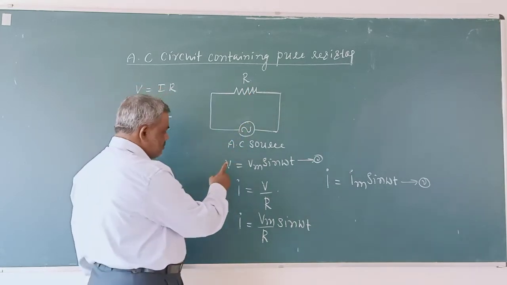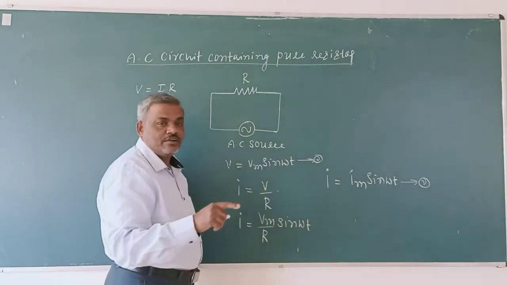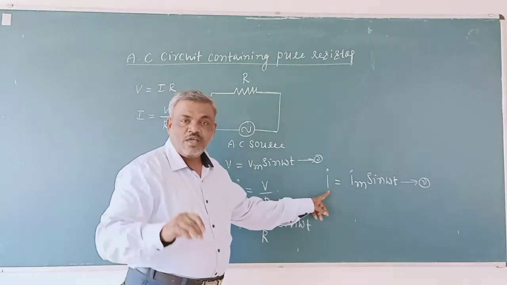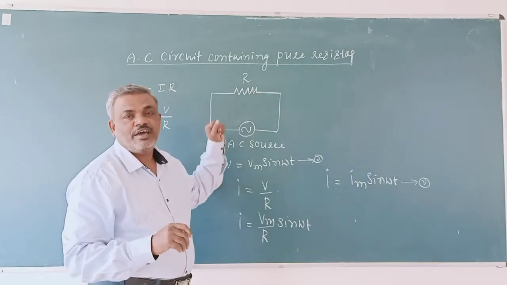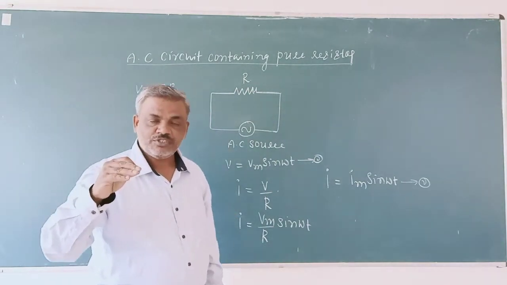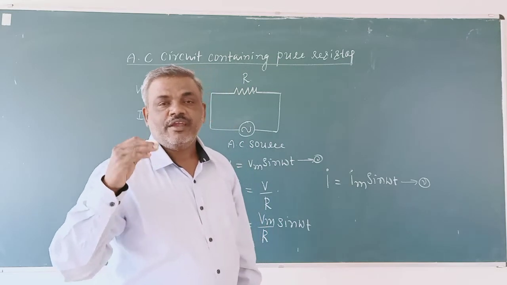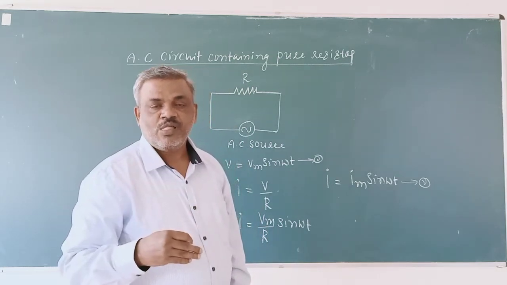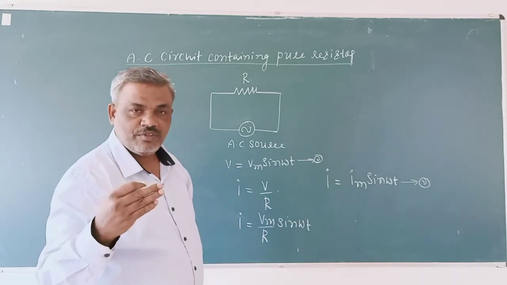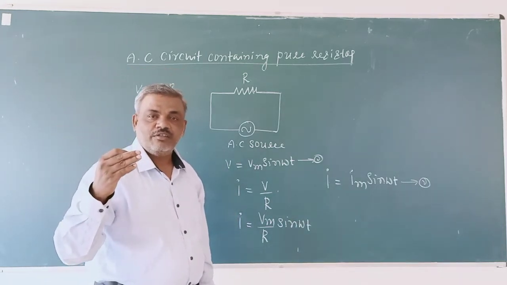From equations 1 and 2, it shows that voltage and current are in the same phase in an AC circuit containing a pure resistor. So already you know the definition of alternating current: a current which varies periodically with time. The alternating voltage varies like a sine function with time.